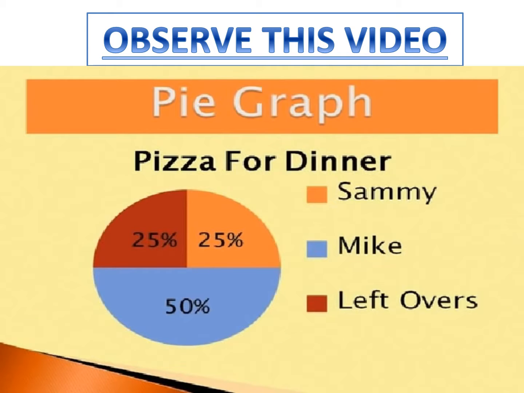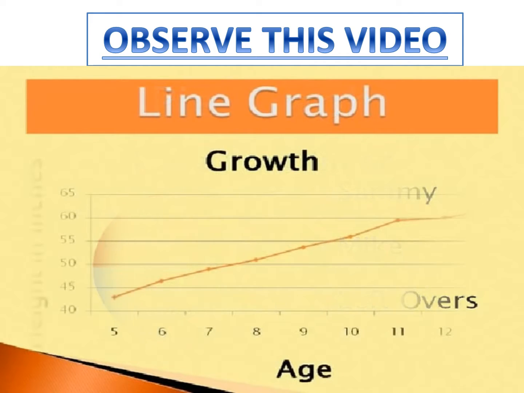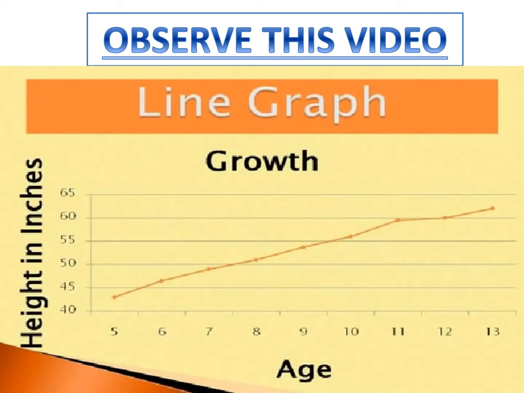We need to show what each color in the graph represents. Right here, this is called the legend. We should also mark what percent of the whole each section represents. For a line graph, we do the same kind of thing we did for the bar graph and mark that we are measuring how tall I was on this side and what age I was on this side. We also have a title for this graph too.